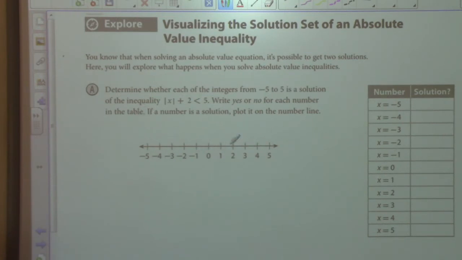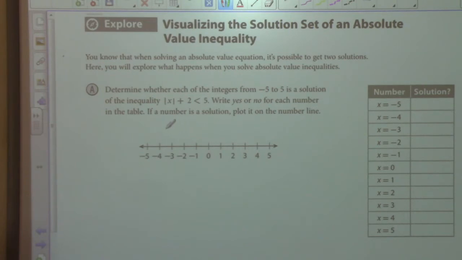What we have is we determine whether each of the integers from -5 to 5 is a solution of this inequality, and write yes or no for each number on the table.